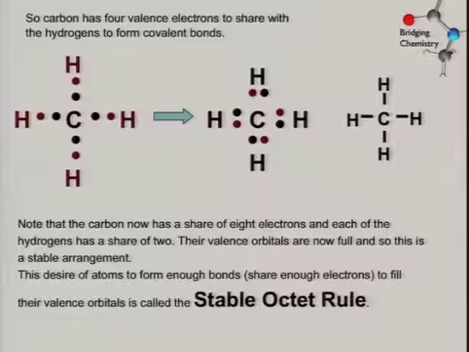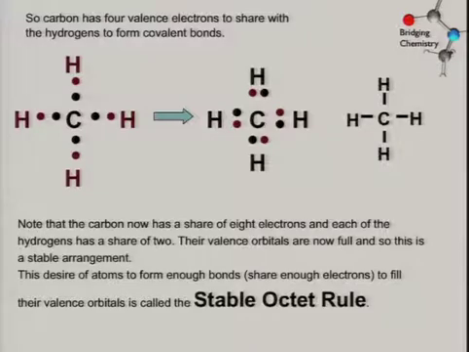Note that the carbon now has a share of 8 electrons. So what we've done is we've made a molecule where around the carbon there are 8 electrons. Now sure, it's sharing them with the hydrogens, but it has around it 8 electrons. The hydrogens have a share of 2 electrons each. Now if you think about it, that means their valence orbitals are full.